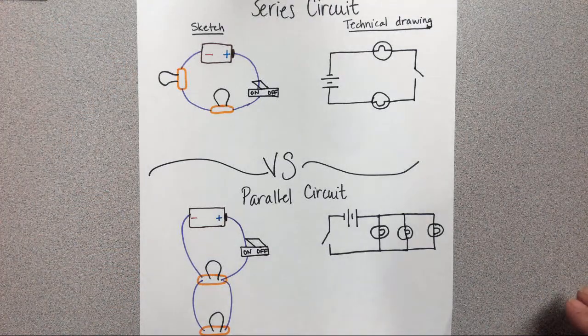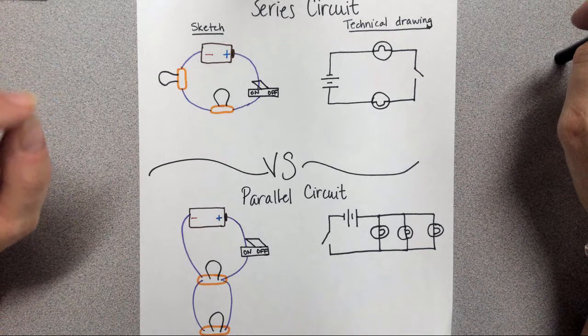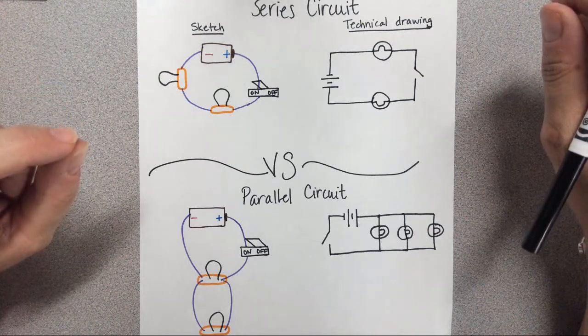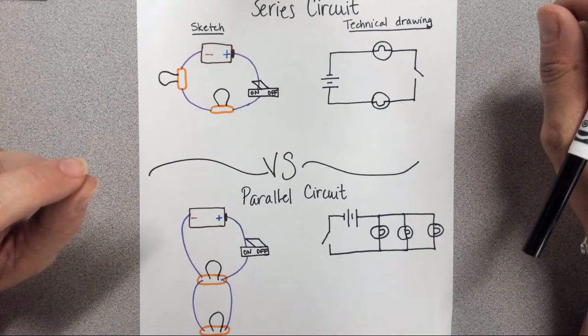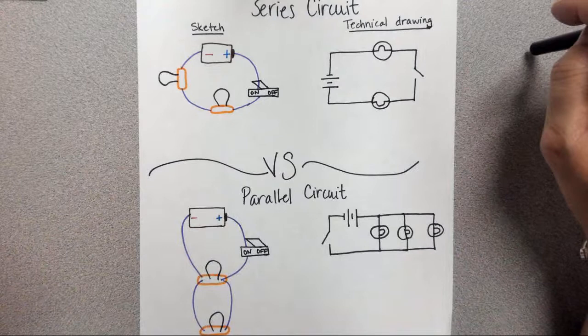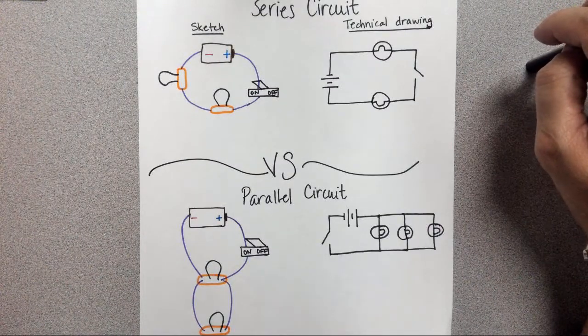Then, when we were talking yesterday, what you should have noticed in your creating circuits activity is that 2 and 8 lit. And when I took those light bulbs out, the other bulb should not have worked.